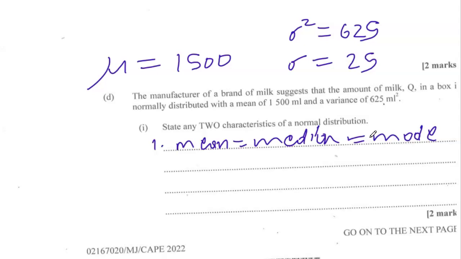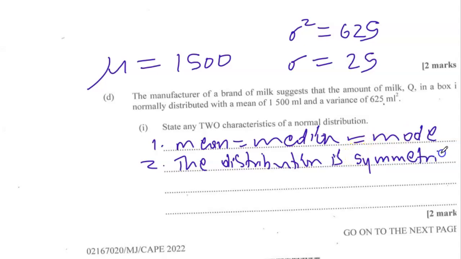Another characteristic is that the distribution is symmetric about the mean, which is saying that half the data set falls below the mean and half the data set falls above the mean.